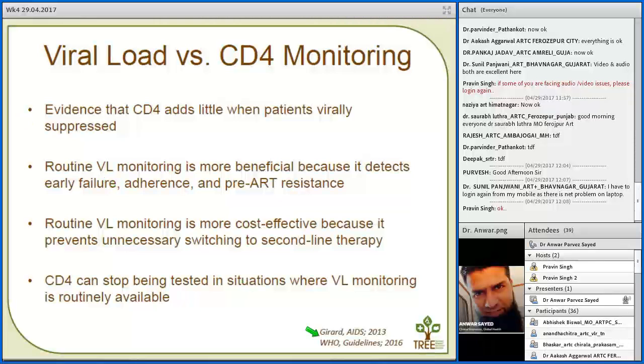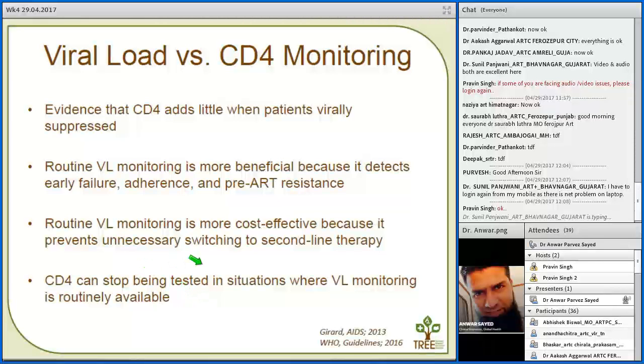With recommendations like even WHO, they say CD4 can stop being tested in situations where viral load monitoring is routinely available. Now again we can argue a lot on this, because then how will you initiate the OI treatment, how will you start OI prophylaxis, and when will you stop OI prophylaxis if you don't have CD4 count? All those things are absolutely correct.